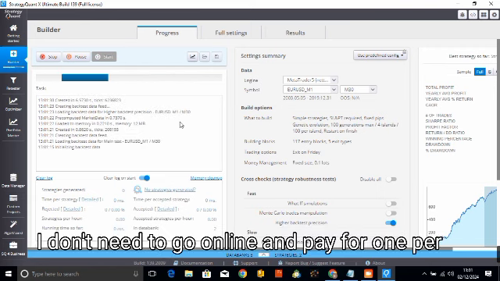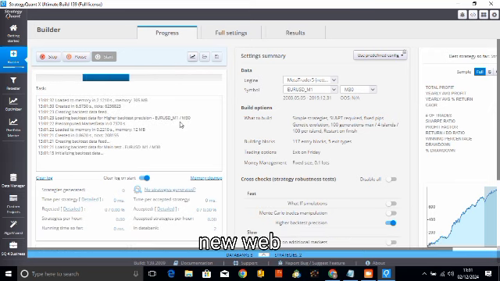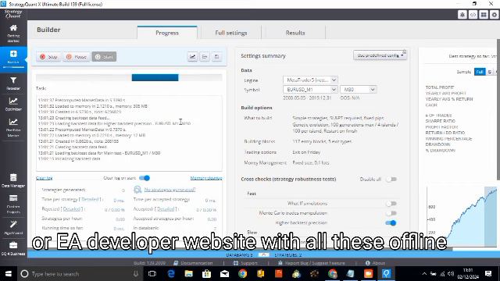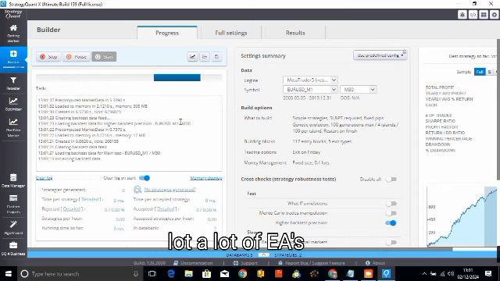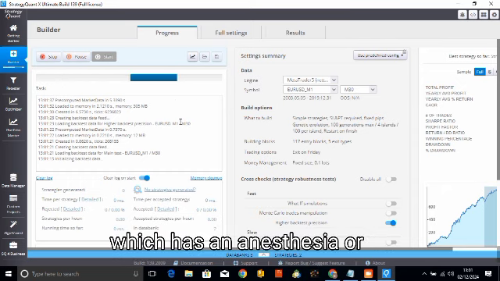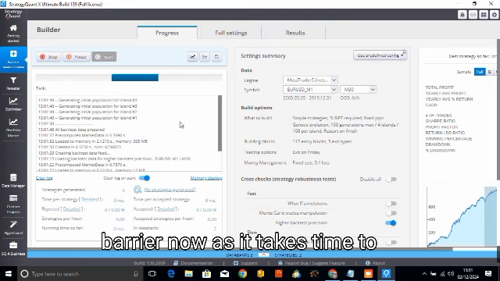I don't need to go online and pay one premium web or EA developer website. With all these offline programs, you'll be able to build a lot of EAs without any hesitation or barrier.